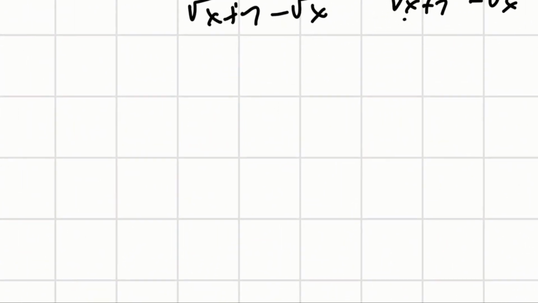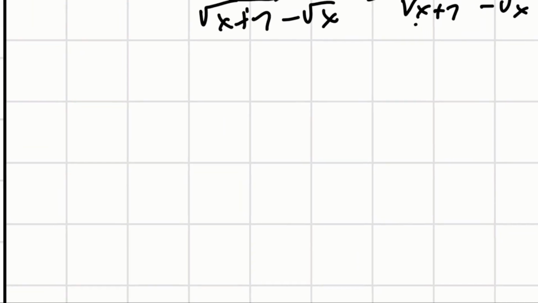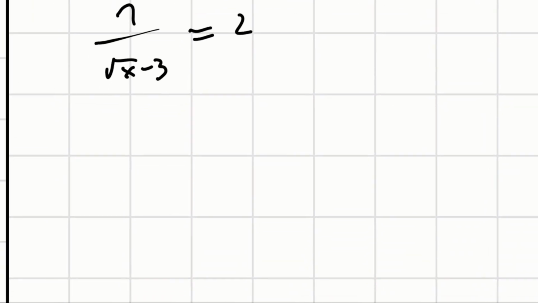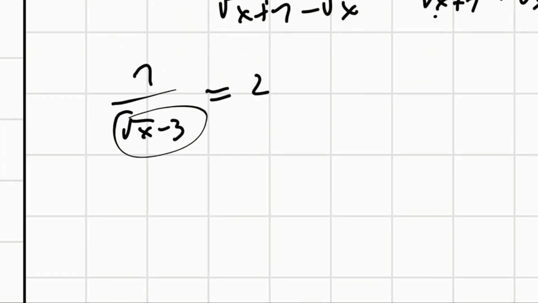So let's try to get the same idea with another example. Let's say we have something like 1 divided by square root of x minus 3 equals 2. The only thing we're now going to do is multiply this.